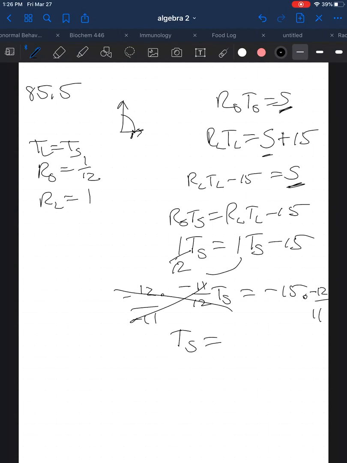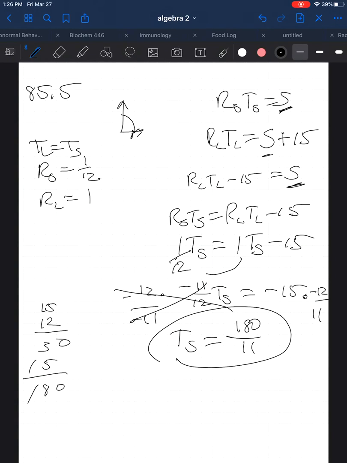So TS, let's see, 15 times 12 is 180. So 180 over 11. And it's fine just to leave it like that.